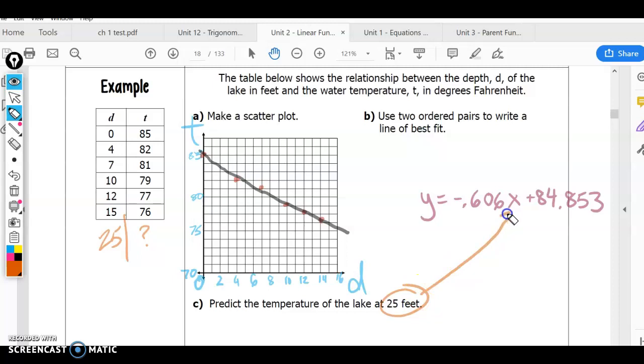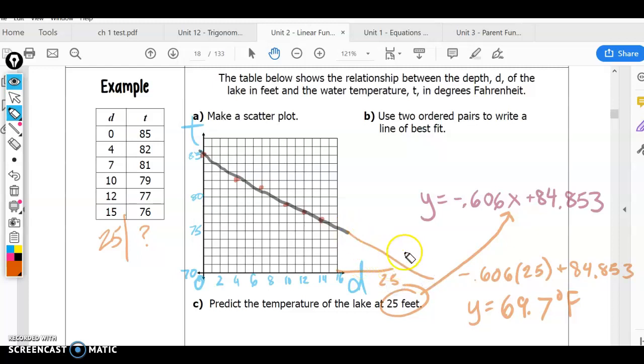So I'm going to plug it in: for x, negative 0.606 times 25 plus 84.853. That will give you the temperature. I got about 69.7 degrees Fahrenheit, which, looking back at the graph, if the graph did continue all the way to 25, it would go below the 70 here, at about 69.7 degrees Fahrenheit.